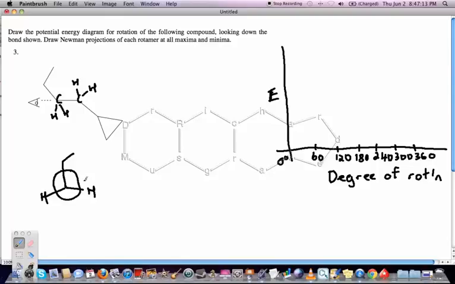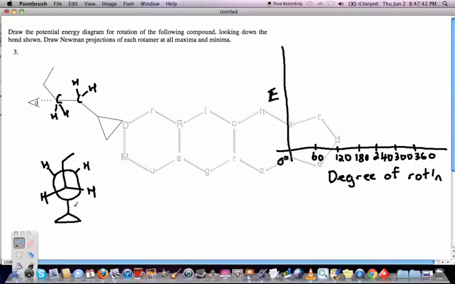Now I'll draw a circle, and what's going to happen is these other groups attached to the back carbon will come out from the circle, and that's how we know they're attached to the back, because they come outwards from the circle. So we've got two hydrogens there and a cyclopropyl group coming down here.